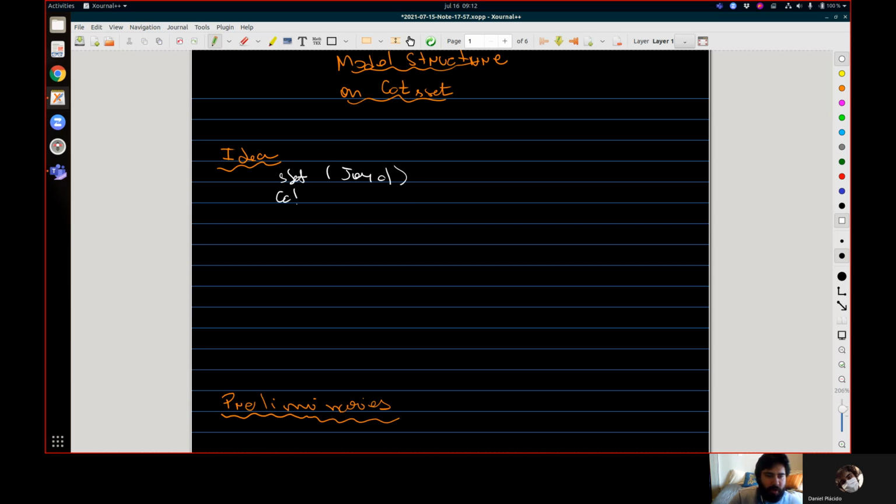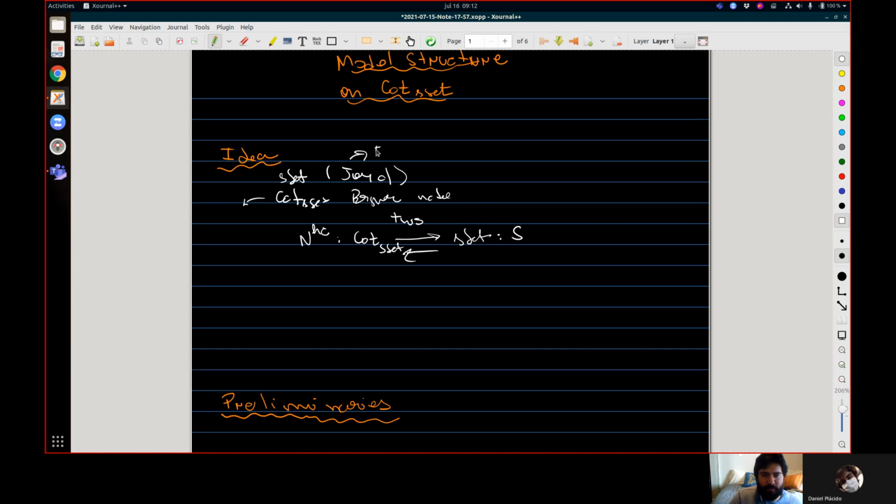Here we have Cat_Sset, which are categories enriched over simplicial sets, with the Bergner model structure, and a functor called the homotopy coherent nerve that takes an enriched category over simplicial sets and returns a simplicial set, such that this admits a left adjoint, here S, such that this is a Quillen equivalence with these model structures.